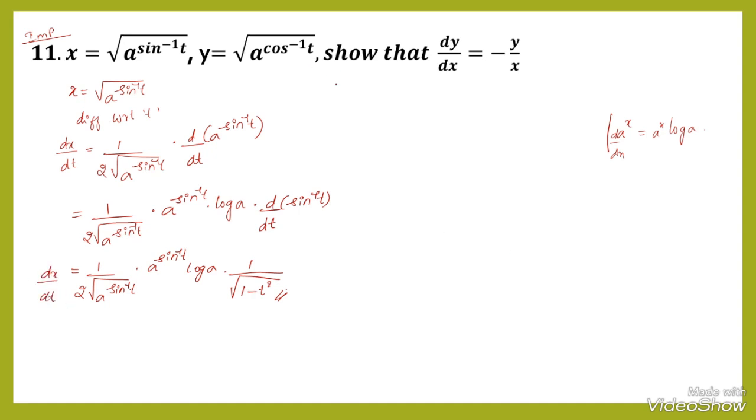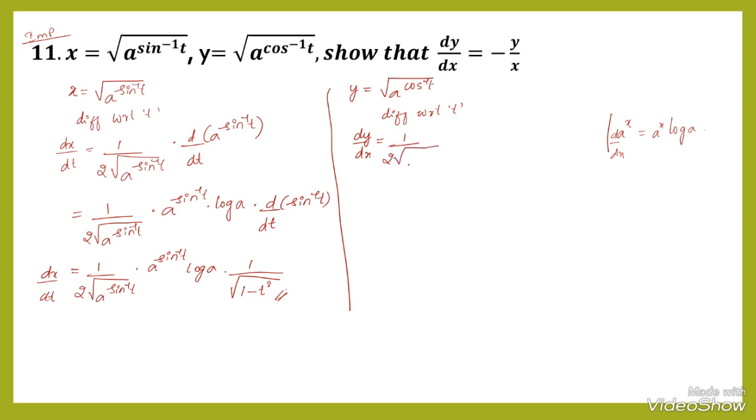Now, similar to that, I can solve the y. y is equal to root of a to the power cos inverse of t. Again, differentiate with respect to the parameter t. Now, dy by dt is equal to the differentiation of root x, which becomes 1 divided by 2 root x.